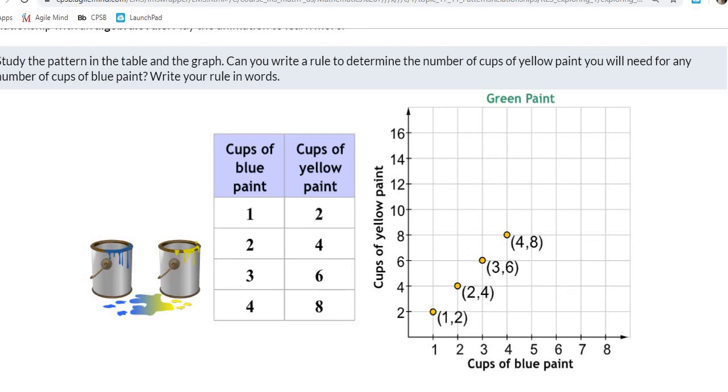That's not what's doubling here. What is this here? The blue paint. The blue paint is getting doubled to create the yellow. So yellow is, for every blue, you're multiplying it times 2. Is that how you're getting each number? Does that work every time? Yes, ma'am. Okay.